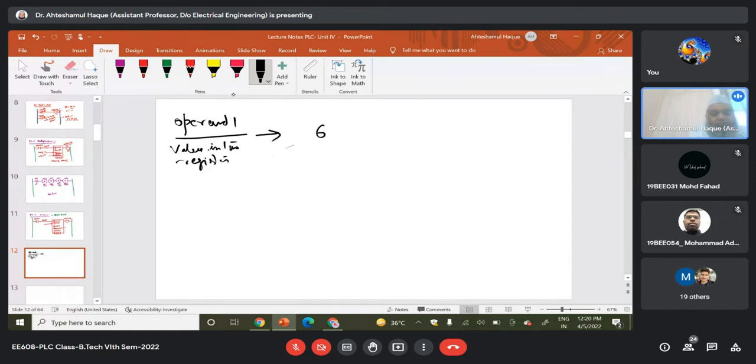So let's say I have 648127. Okay. Operand 2, which I assume a constant value. Let's say this is 2421. So how much I'll get?